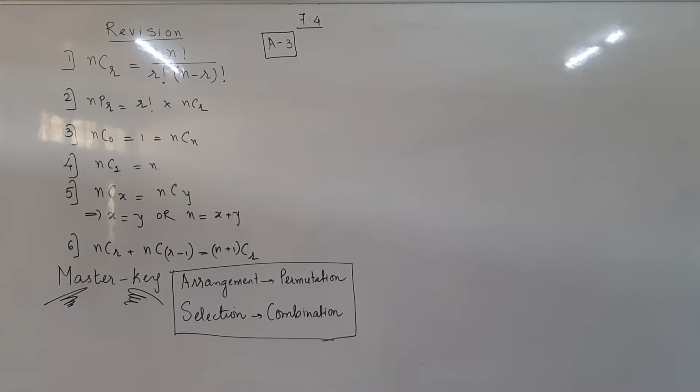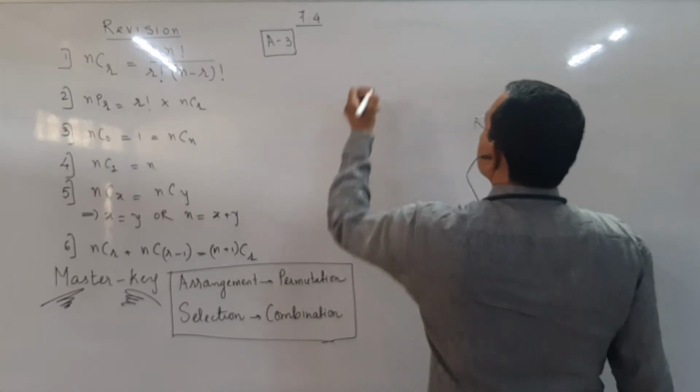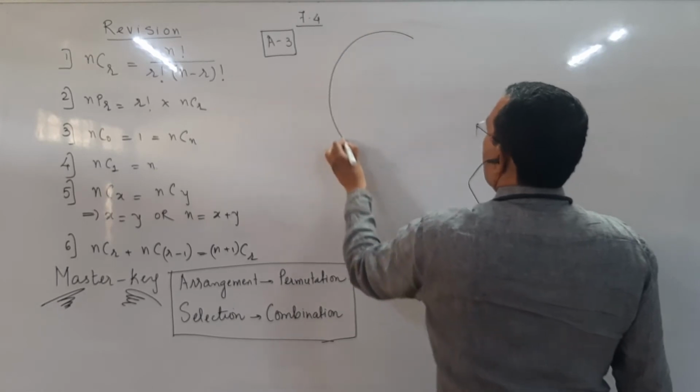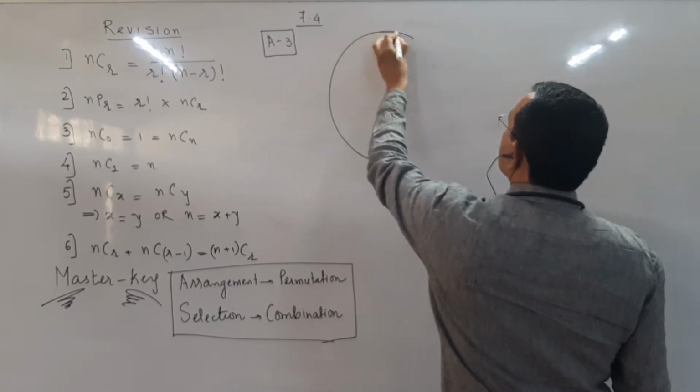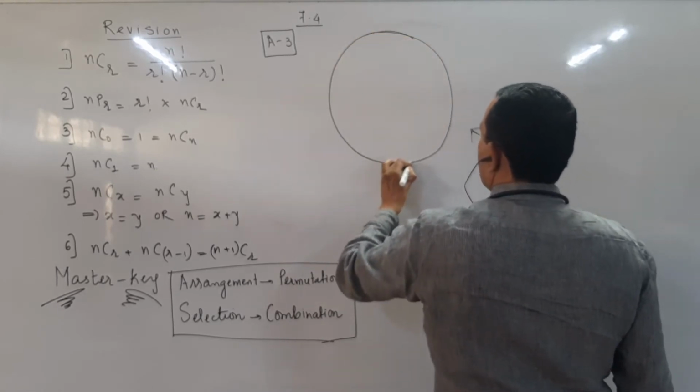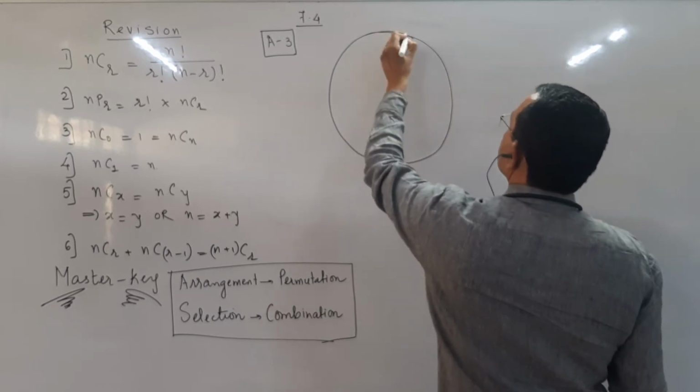How many chords can be drawn through 21 points on a circle? Say this is a circle, and on this circle we have 21 points.